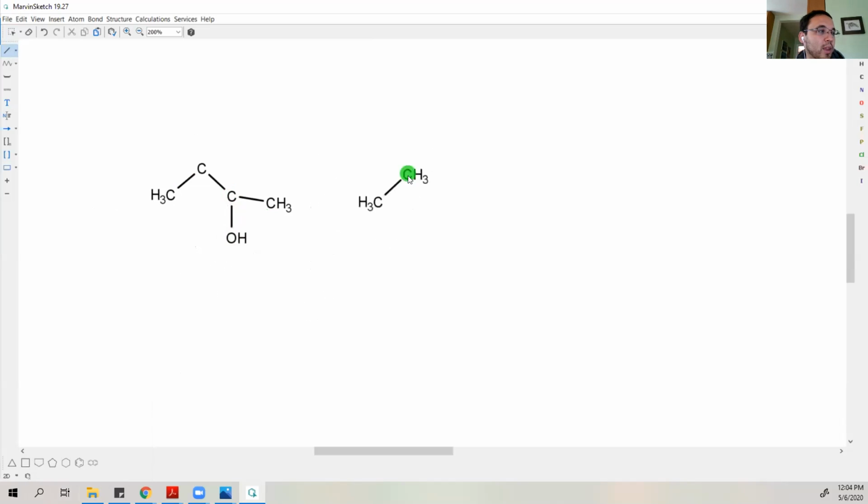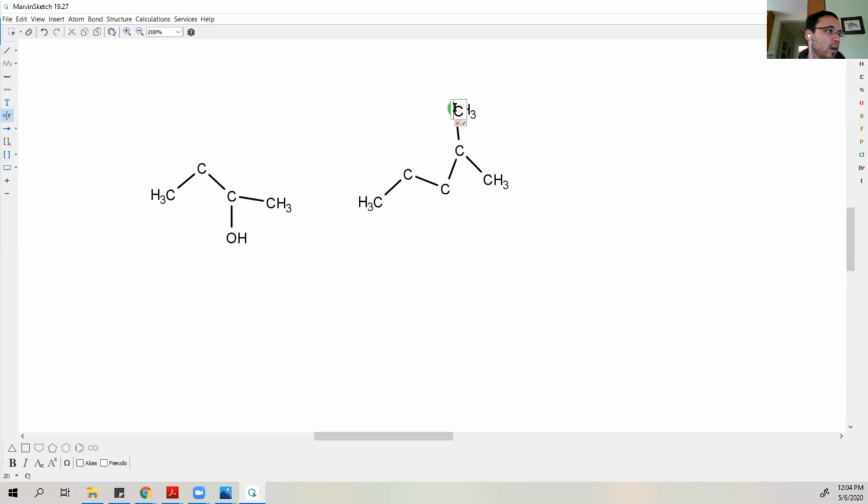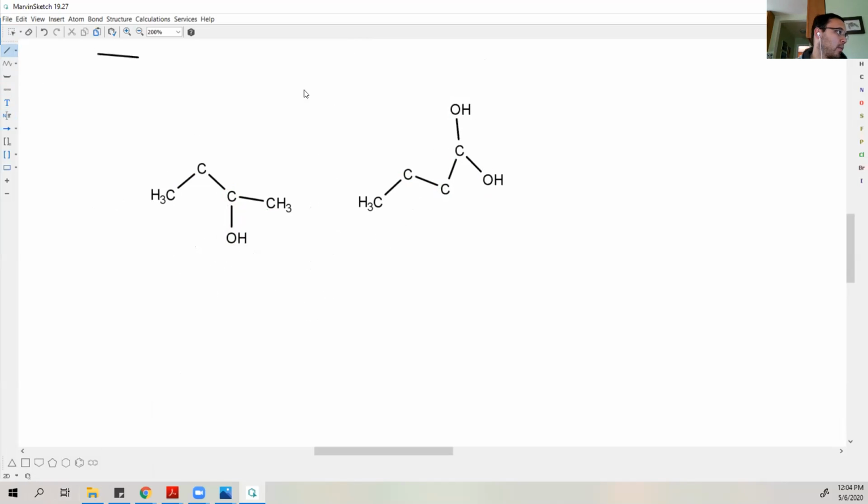And if you had something like a carboxylic acid, so I need to make this an O and this an OH. Right? For a carboxylic acid, when we reduce it, the first thing that leaves is going to be this OH. It kind of gets picked up and goes away.